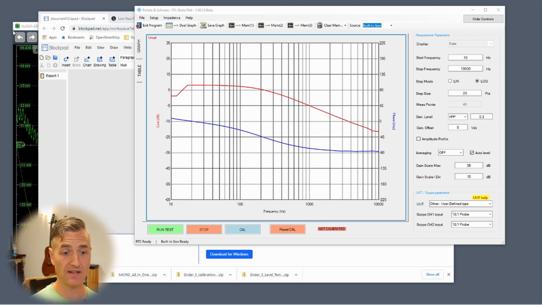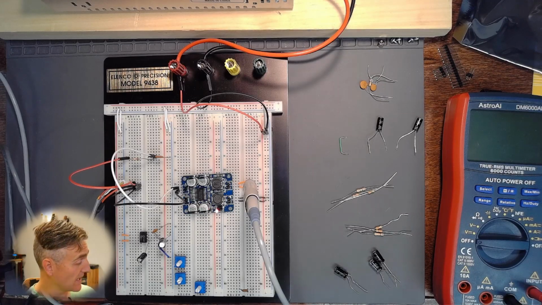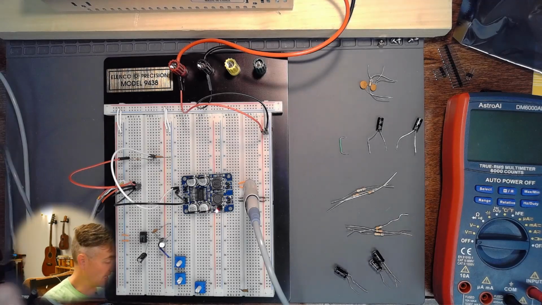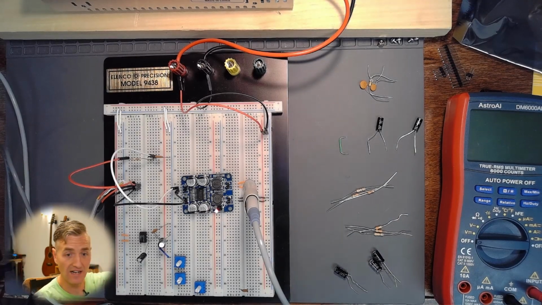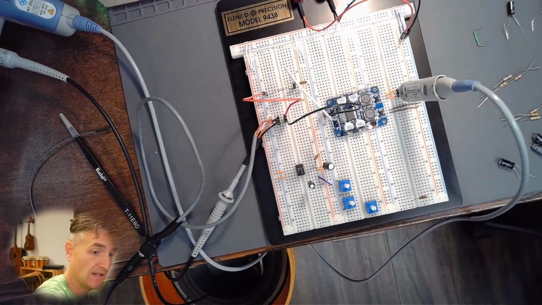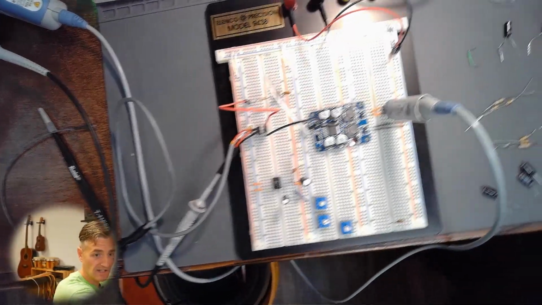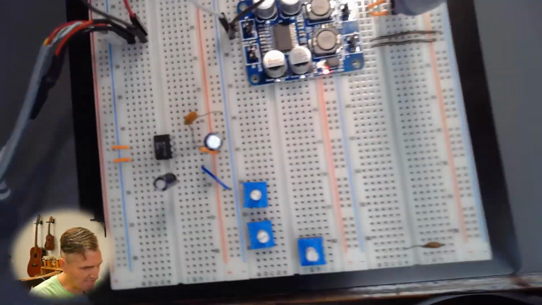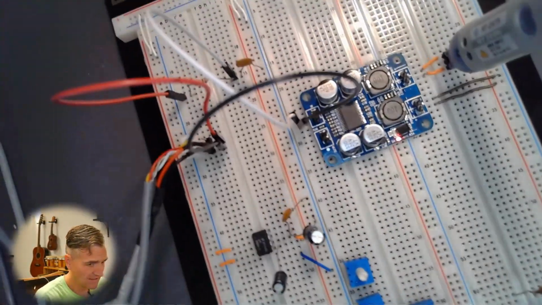I have on my desk right now a tiny little RC filter. I think I can move all my cameras as if I am a whole crew. There we go. We're getting closer.